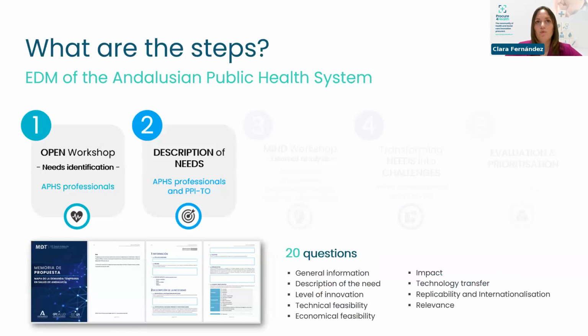Here, we at the Public Procurement of Innovation Technical Office, together with some of the professionals that attended the workshop, not all of them, only a group of people, maybe we can call them project managers of the needs, are going to work on a document in order to describe the needs.